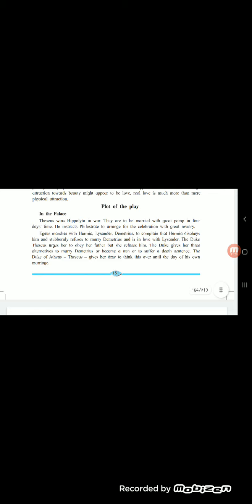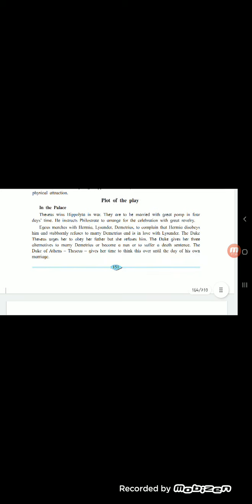Remember those pairs which I told you before. Hermia and Lysander are in love with each other, but their love is not approved by Hermia's father. He wants her to get married to Demetrius.